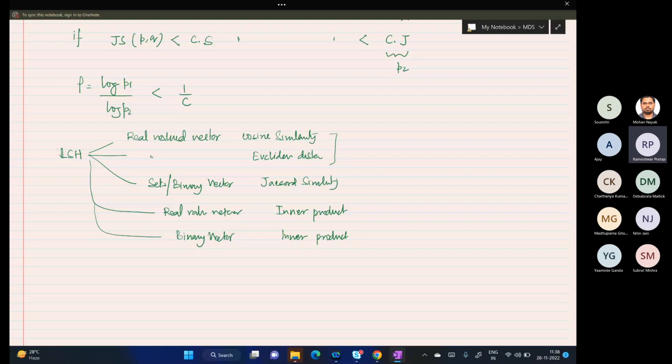It's known that LSH for Jaccard similarity, after pre-processing the input, can be used as LSH for inner product for binary vectors.